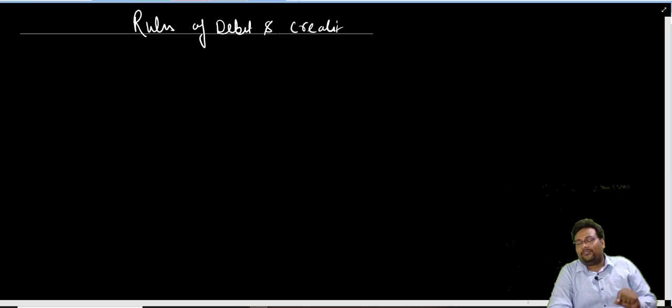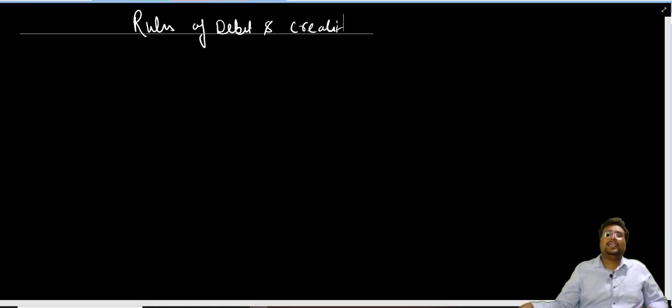Debit is derived from the Latin Italian word debito, and credit derived from Italian word credito. Okay, so this is the first basic information to you that debit and credit are derived from debito and credito.